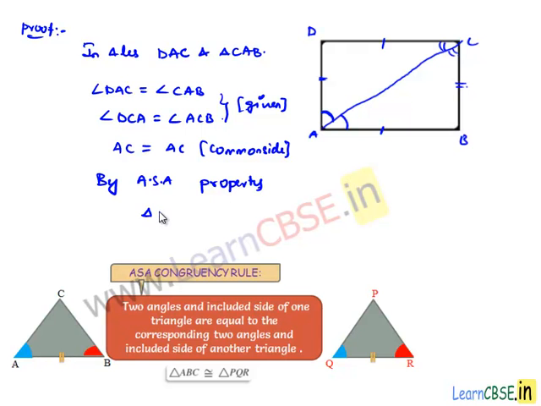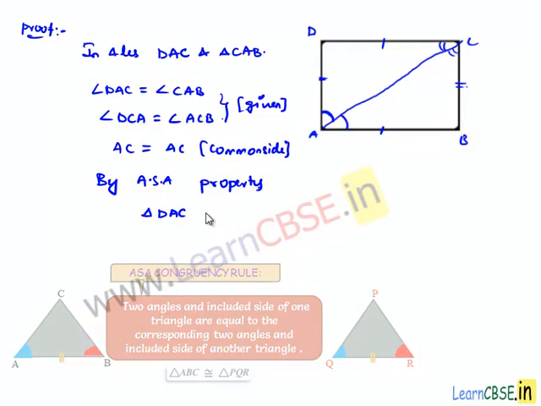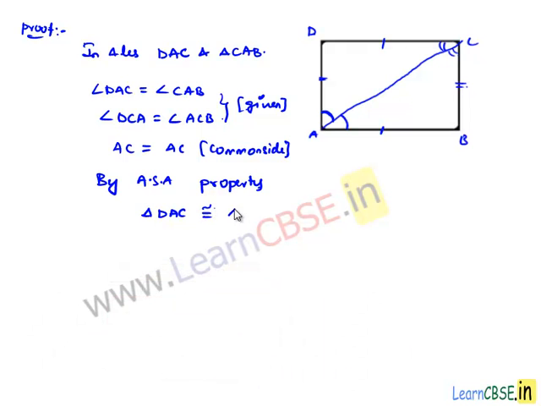triangle DAC is congruent to triangle BAC. So here, as two triangles are congruent, we can say the corresponding sides and corresponding angles will be equal. Therefore, the corresponding side of DA in triangle BAC is AB.